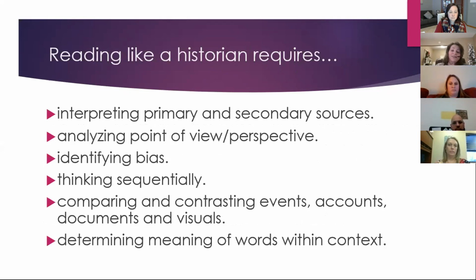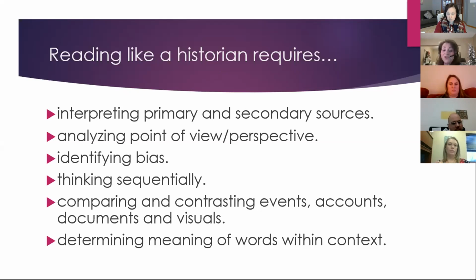Look at what it takes to read like a historian. This slide makes me realize how much of a job it is and how much it needs to be shared among all the teachers that teach social science to kids. Because we have a number of different sources. We have primary and secondary.